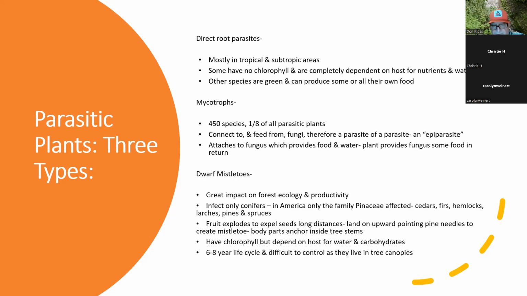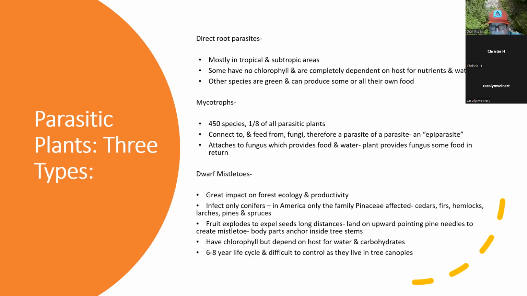And they grow a fairly large fruit. What happens is the fruit explodes to expel hundreds of seeds for what are comparably long distances. The seeds travel downward and out, and they land on upward pointing pine needles to create the plant.